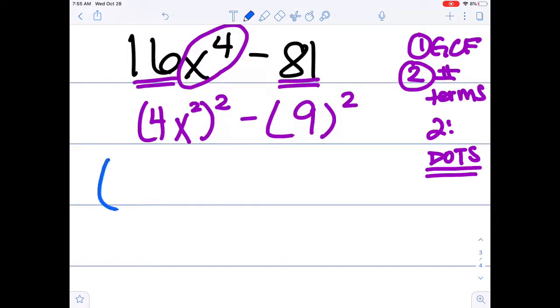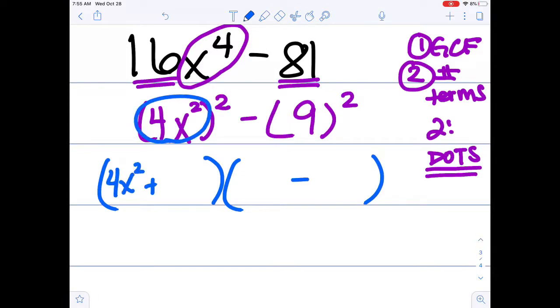So when I set this up, I'm going to go 2 parentheses, 1's a plus, 1's a minus, and we're going to put whatever's inside here. 4x squared goes here, and the 9 goes here. Now, you cannot factor this one anymore, but this one actually could factor again.